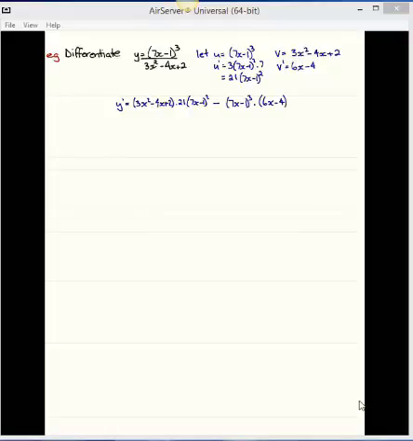Alright, then that's all over, oops, sorry guys, it gets a bit complicated. So then that's all over 3x squared minus 4x plus 2 all squared.